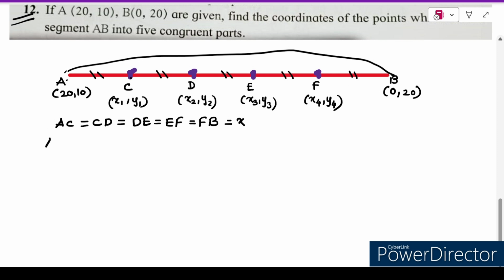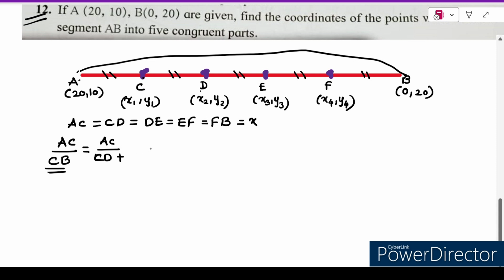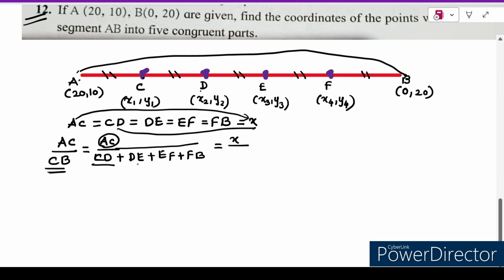By taking the ratio AC divided by CB, where CB is the addition of CD, DE, EF and FB, we consider AC as X, and CD, DE, EF and FB are also each X. Therefore by putting the values, X divided by X plus X plus X plus X, that is X divided by 4 times X. X and X cancel, and that is 1 by 4.